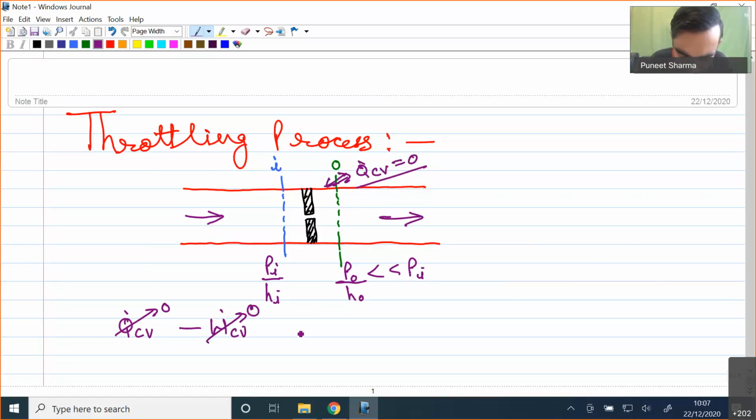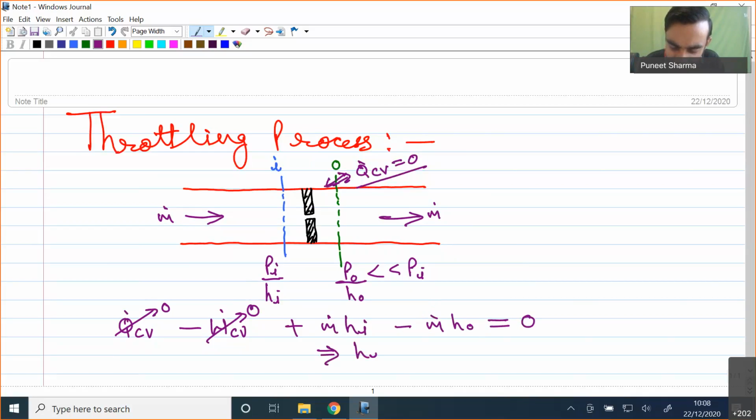Then if M dot is the mass flow rate of fluid passing through this throttling device, I have M dot times Hi, as the fluid comes in with enthalpy Hi. Once again, I am considering the kinetic energy and potential energy change as negligible. Minus M dot times Ho is equal to 0. So from here you will find that Hi is equal to Ho.